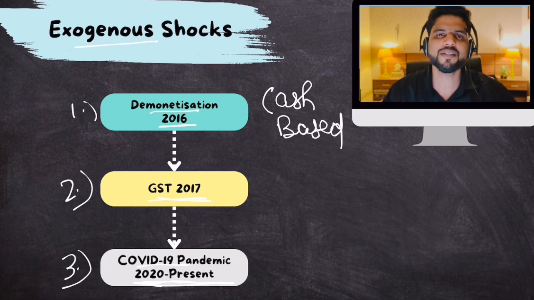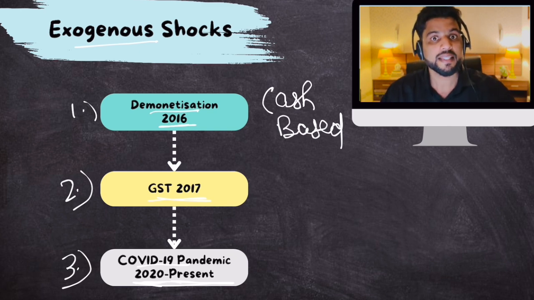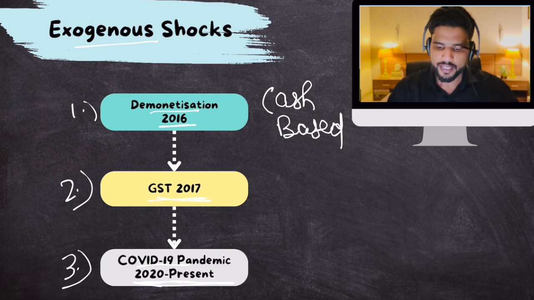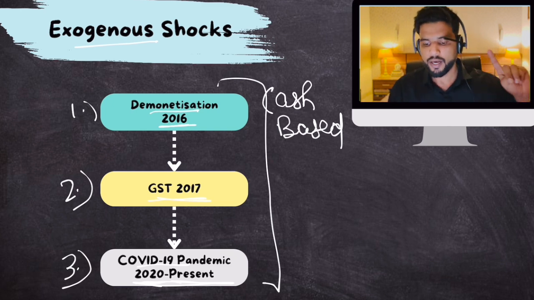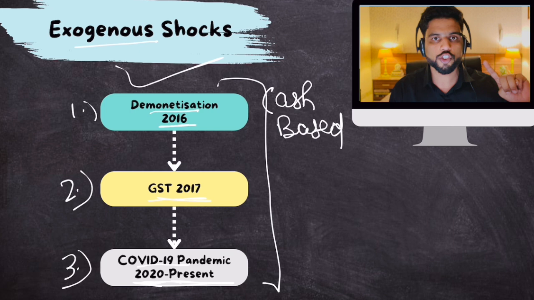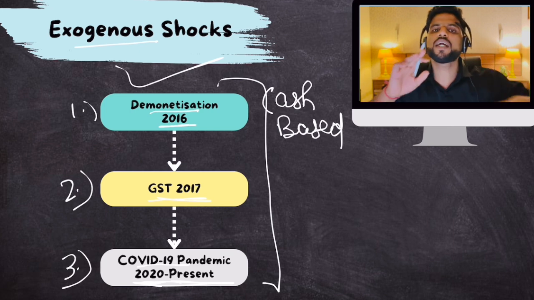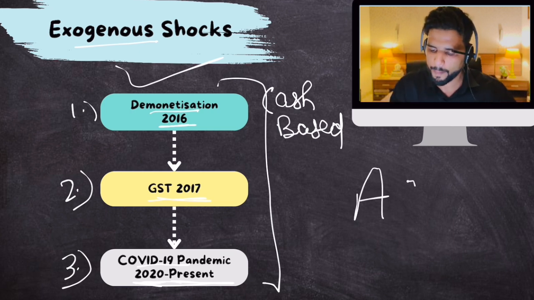Small enterprises in the informal sector did not have a large pool of savings, so they suffered heavily, so much that they still have not fully recovered from this shock. So these are the three exogenous shocks that the informal sector faced. From this news item, you just have to remember two things: number one, these exogenous shocks, and number two, who conducts this survey.